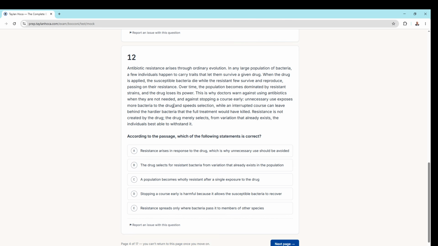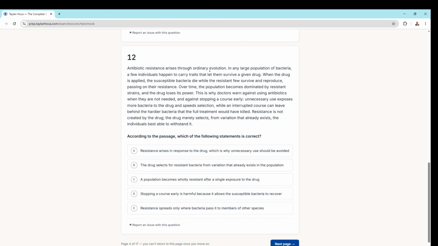All right. So it's about antibiotic resistance, and through ordinary evolution in a large population of bacteria, a few individuals happen to carry the resistance. Yeah, because when bacteria are faced with antibiotics, a few of them survive, and the resistant few survive and reproduce.